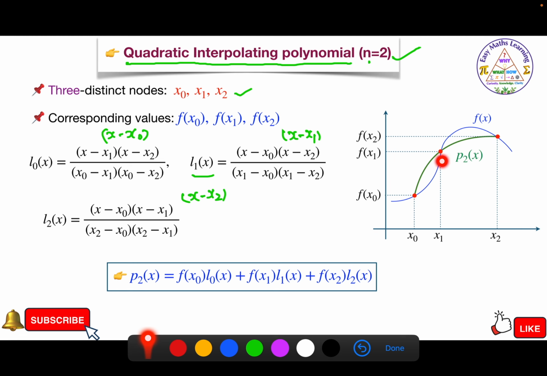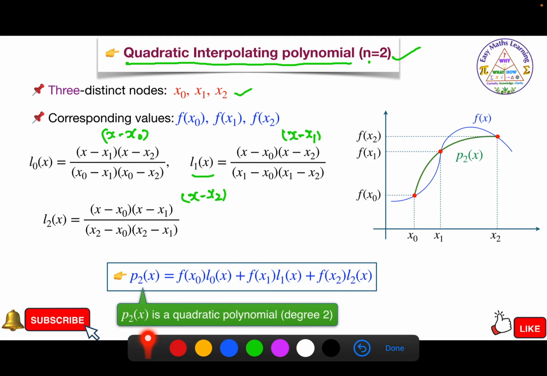It is a parabola that passes through all the data points, means it satisfies the interpolating conditions. So when n equal to 2, the Lagrange interpolating polynomial is of degree 2. Means we are getting a quadratic polynomial of degree 2, P2(x), that passes through all the three data points. So this is called a quadratic polynomial of degree 2.